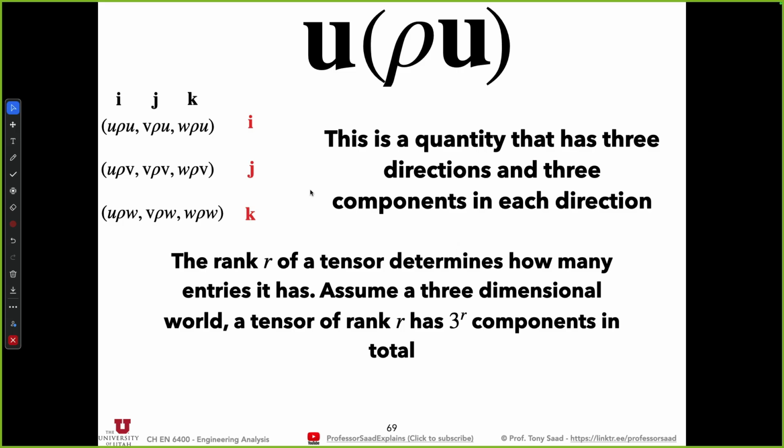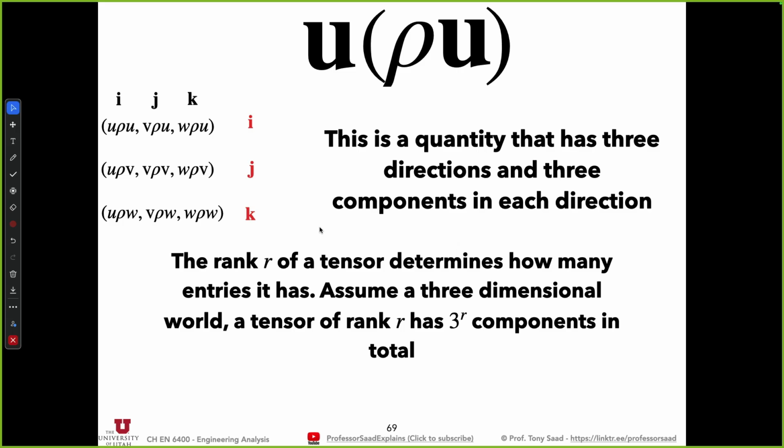Tensors are defined purely by their rank, okay? The rank R of a tensor determines how many entries it has, very simply. And R could be any integer from 0 to infinity. Assume we live in a 3-dimensional world, which might not be the case for string theory, for example.